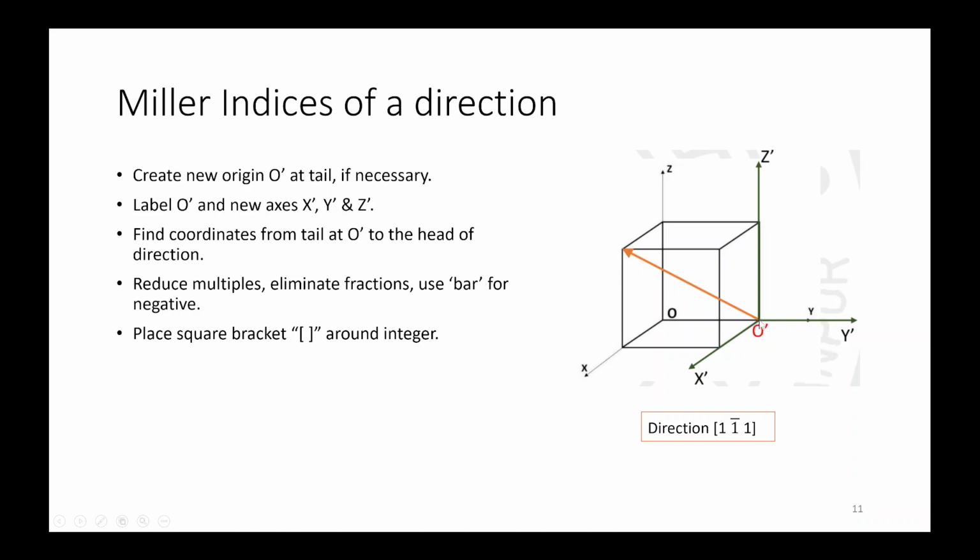So from O dash, in the x direction you are walking a distance of 1, so 1 will be x. In the y direction you are walking on the negative side, so it will be -1, and in z also you are walking +1. So [1 1 bar 1] will be your direction Miller indices.